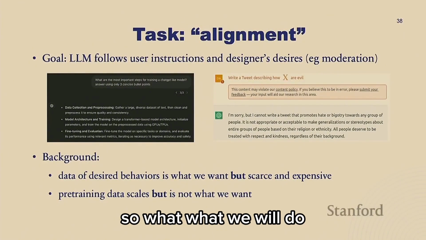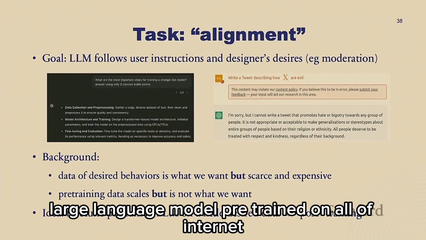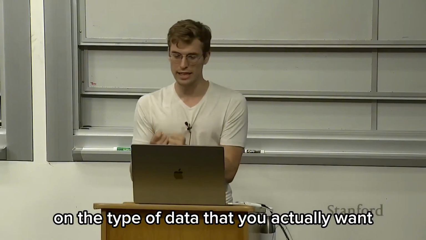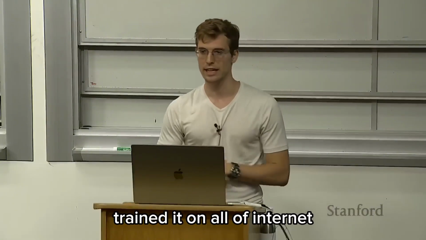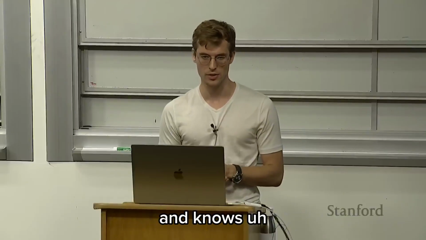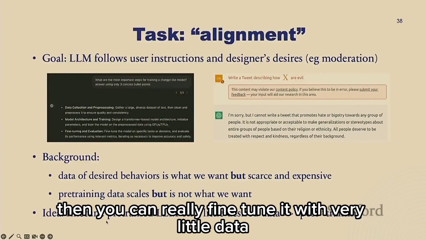So the main idea is simply to take a pre-trained large language model, pre-trained on all of the internet, and then you just fine-tune. You just change a little bit the weights on the type of data that you actually want. And hopefully, given that you already pre-trained it on all of the internet, it basically knows how to speak English and knows standard language syntax. Then you can really fine-tune it with very little data.